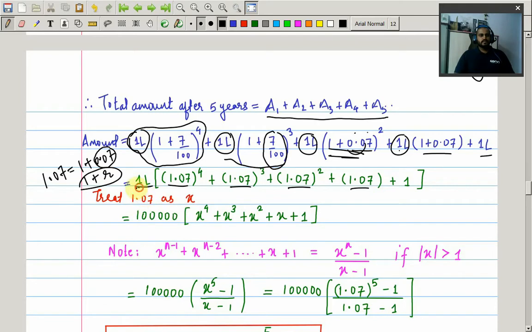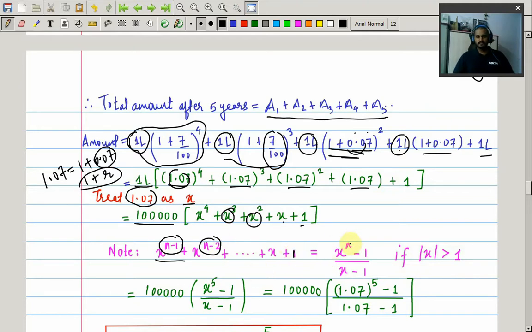Now treat this as x, so I'm writing 1 lakh, and this is x to the 4, x cubed, x squared, x and 1. This formula says that x is raised to this power, and then you have to start decreasing the power of x to 1.